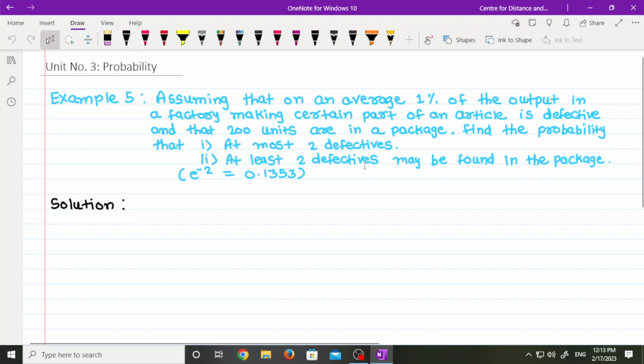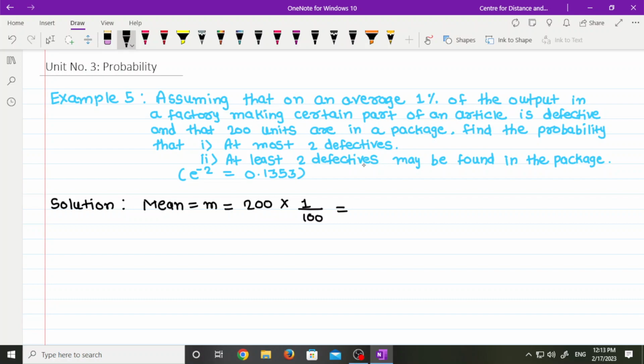So, here we get mean m is equal to 200 into 1%, that is 1 divided by 100, which is equal to 200 divided by 100, which is equal to 2. So, here we get m is equal to 2, that is mean.